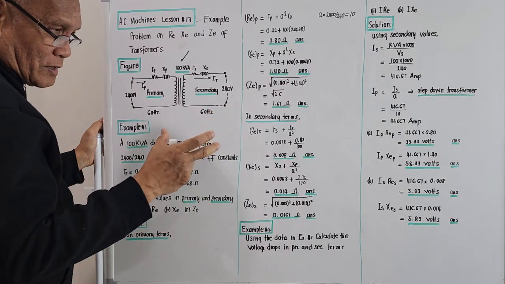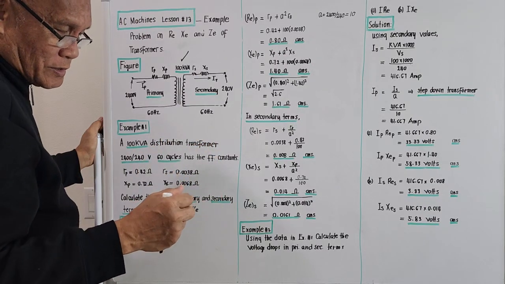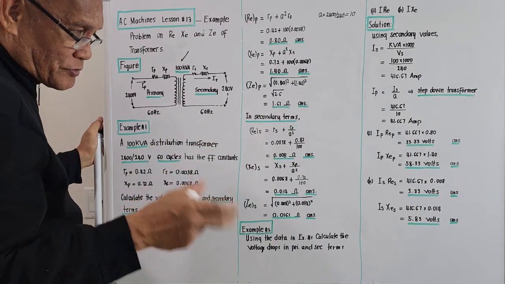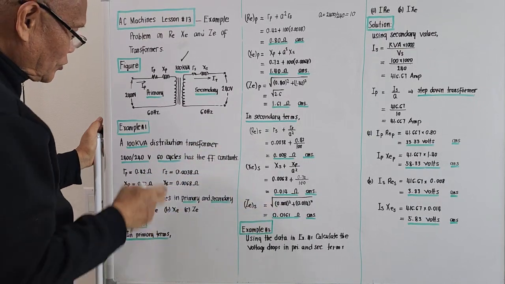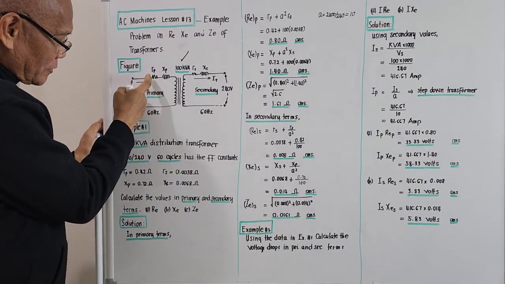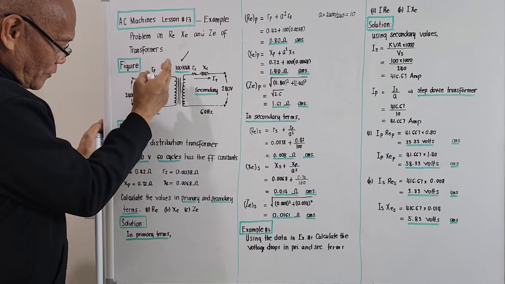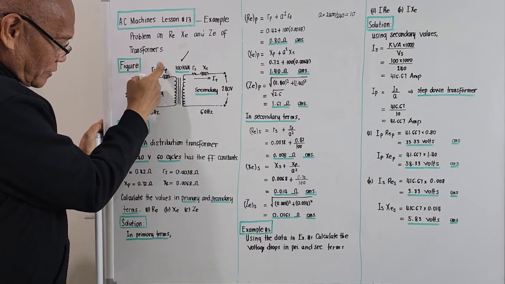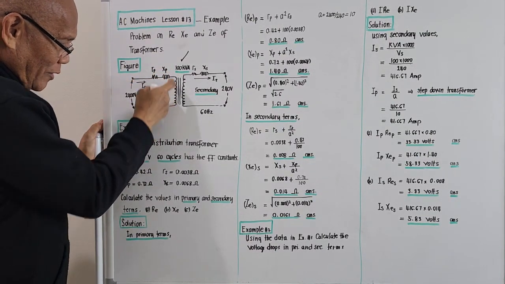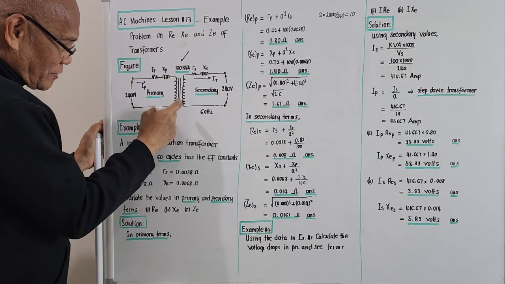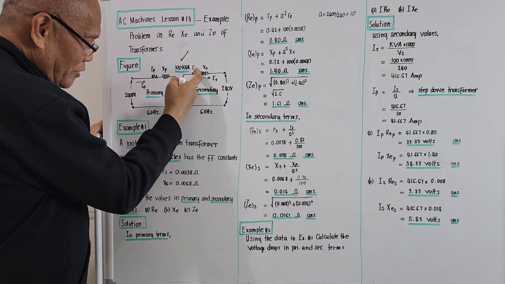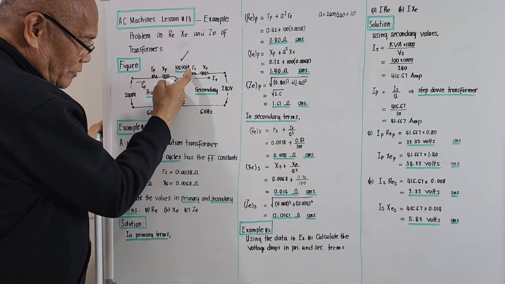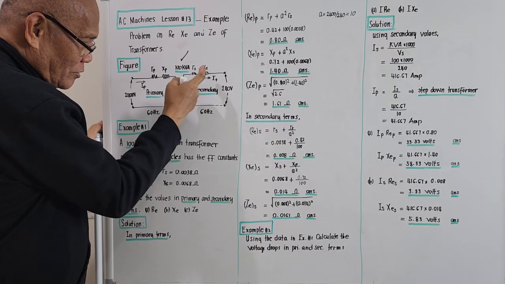I put the so-called impedance drops for both the primary and secondary so we could visualize it. This should be RP, meaning the small resistance on the primary side, and reactance on the primary side, that is for the winding. On the secondary side, it will be small r with the subscript s, meaning the internal resistance on the secondary side.